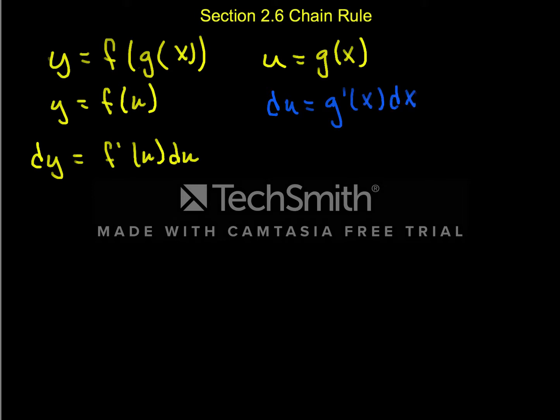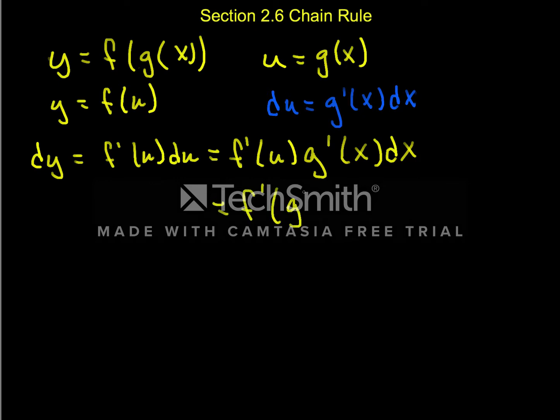And so using that, we put this in our equation here, and so this is equal to f prime of u times g prime of x dx, and putting the final finishes on it, this is f prime of g of x times g prime of x dx.